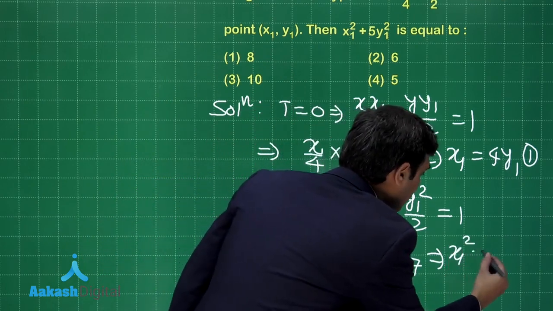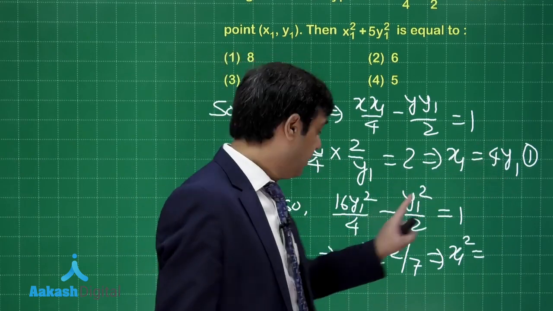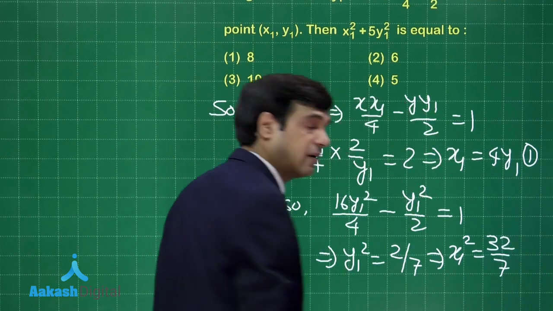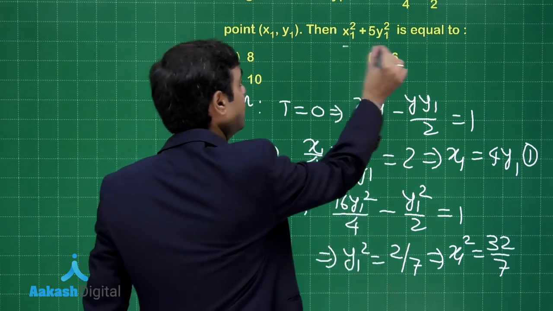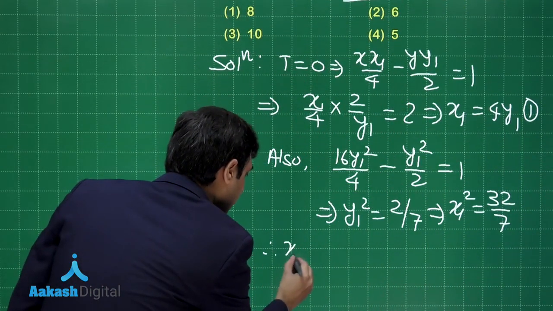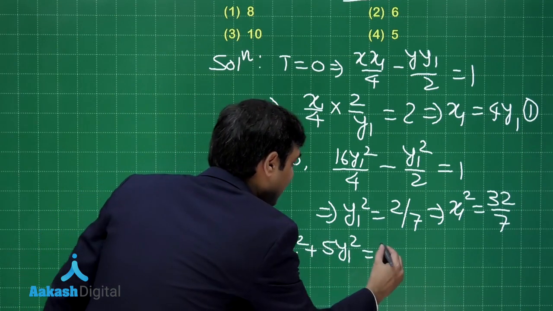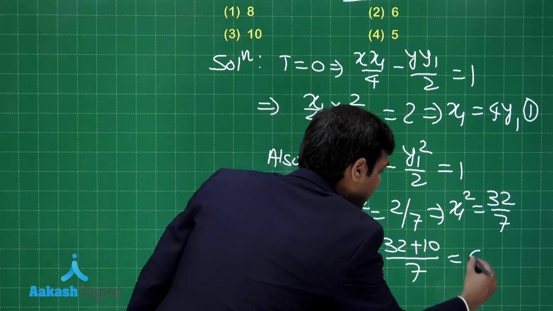So x1 square equals 16 y1 square, that means 32 by 7. Correct? Now put the values of x1 square and y1 square in this requirement. So what will we be getting? Therefore, x1 square plus 5y1 square is 32 plus 10 by 7, that is 6.